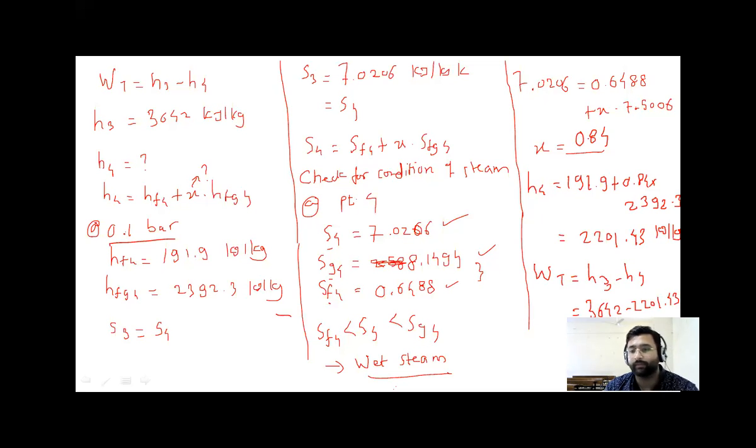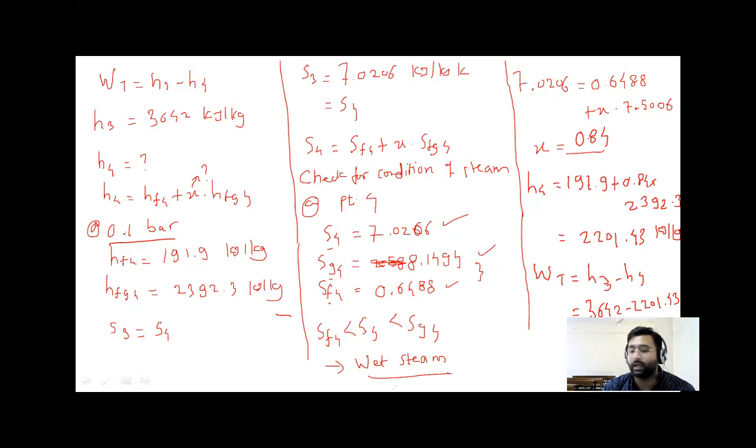Calculate. 1440.57 kilojoule per kg. Others also check.